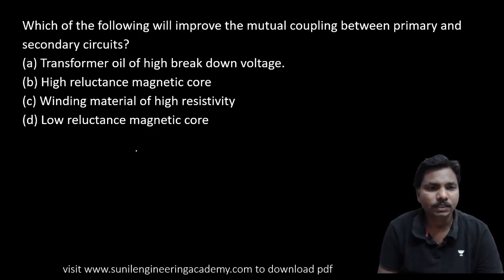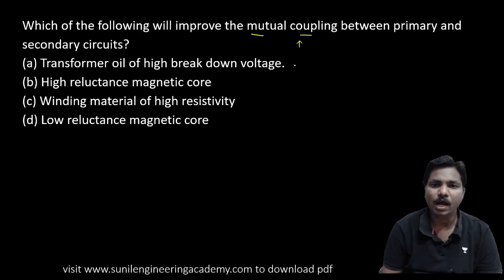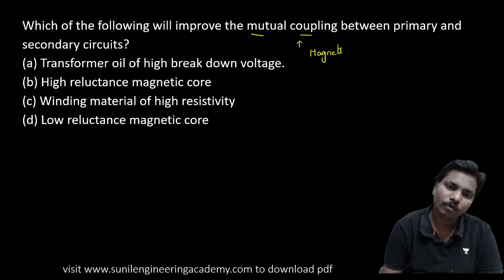Here the question is, which of the following will improve the mutual coupling between primary and secondary circuits? Whenever we have a magnetic core that must have low reluctance, that is high permeability.